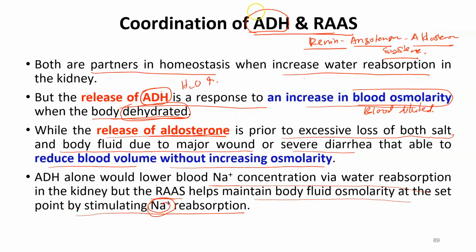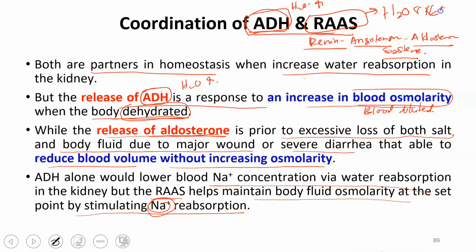Ingat, kalau ADH ni dia melibatkan air je, water reabsorption. Tapi kalau RAAS, both water and also solute to increase blood osmolarity as well, and also blood pressure tadi kan.